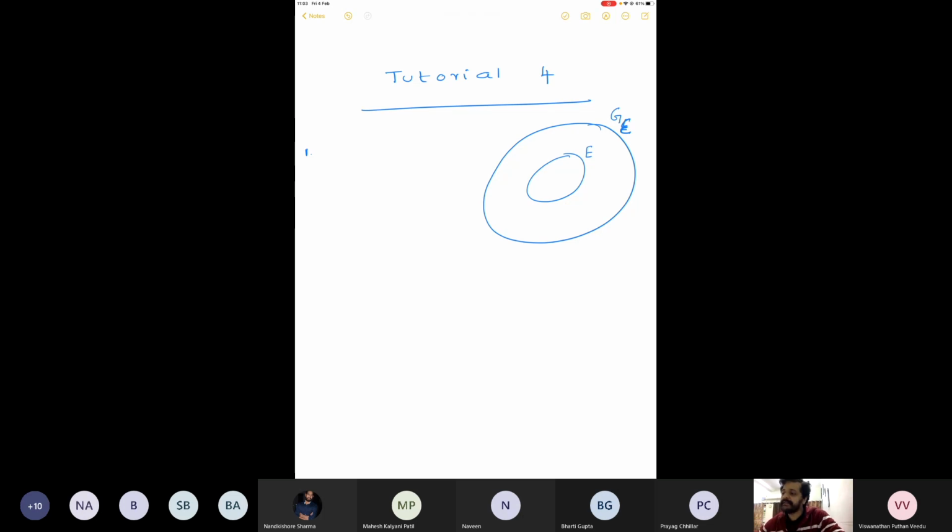Assuming measures are finite, if you allow me to transpose to the other side, it gives m star of G epsilon minus m star of E is less than epsilon. That means roughly the measure of this annulus, E is the given set. You are enclosing it with a larger set, namely G epsilon, which is open. So the difference between E and G epsilon is that annulus, and that annulus has measure less than epsilon. Okay.